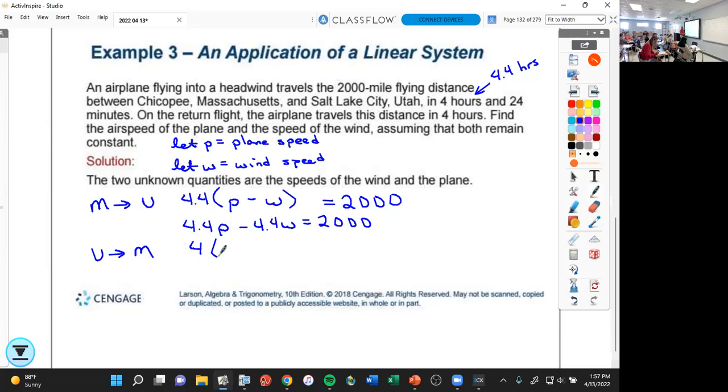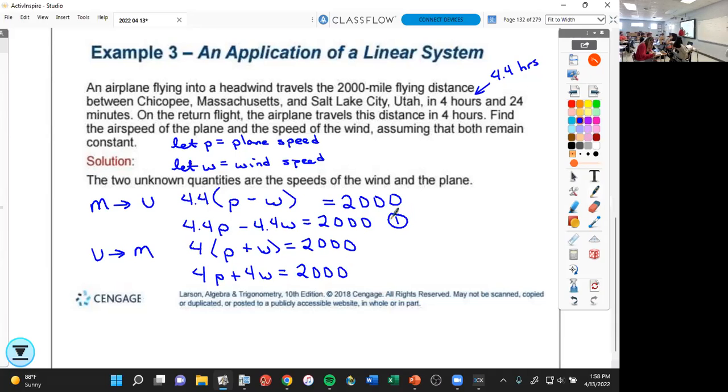But now we have the plane speed, and we're flying with the wind, so plus W, but we're still traveling 2,000 miles, which gives us 4P plus 4W equals 2,000. So here's equation 1, and here is equation 2.